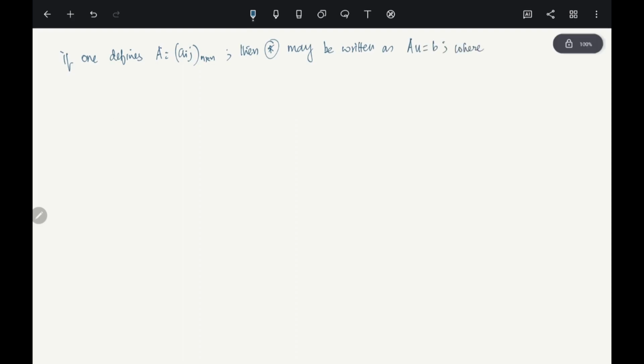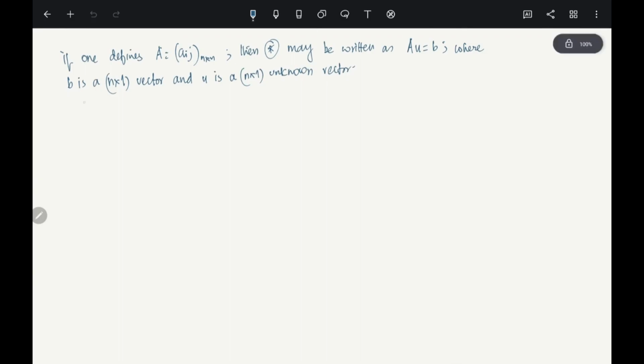where A is an n cross n matrix, this is given, b is an n-dimensional vector, and u is an n-dimensional unknown vector. Clear? So basically this can be written in short form like this. This we already know.